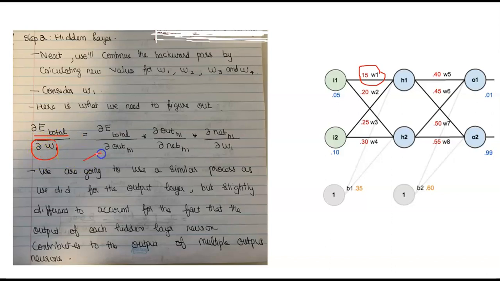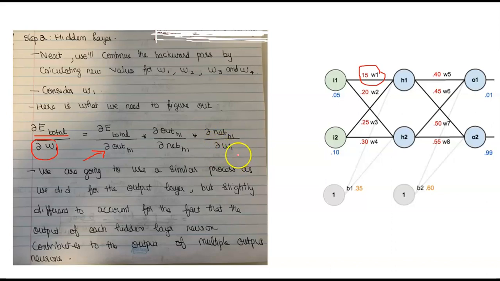Now applying the chain rule as before, we have dou E total divided by dou out H1 into dou out H1 by dou net H1 into dou net H1 divided by dou W1.